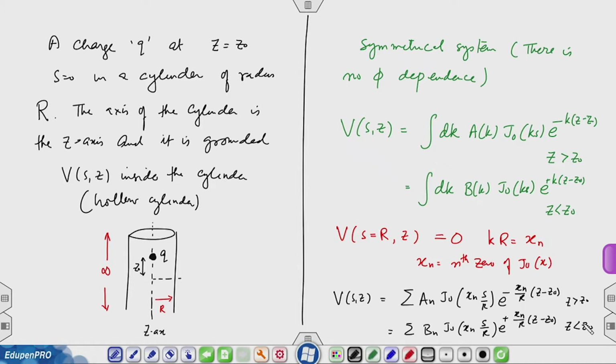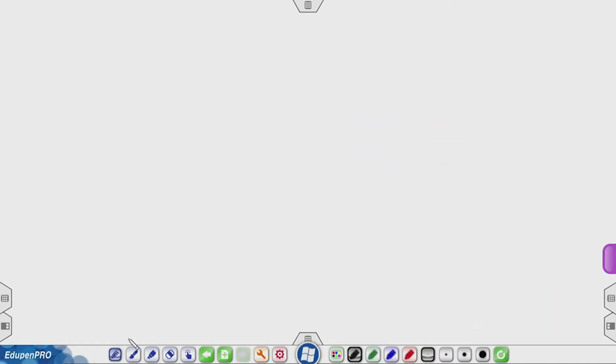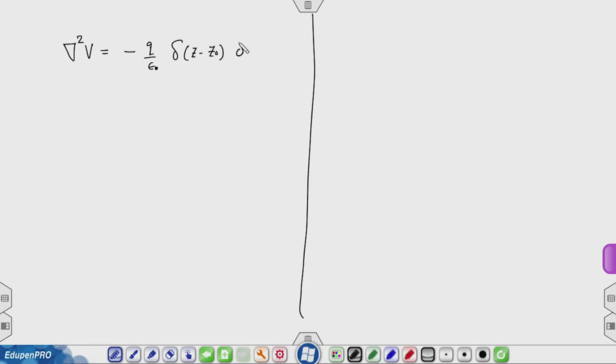Now, this is the solution. The equation I am solving is del squared V equals minus q over epsilon 0 delta(z minus z0) delta(s) over s. That's the delta function in cylindrical coordinates.